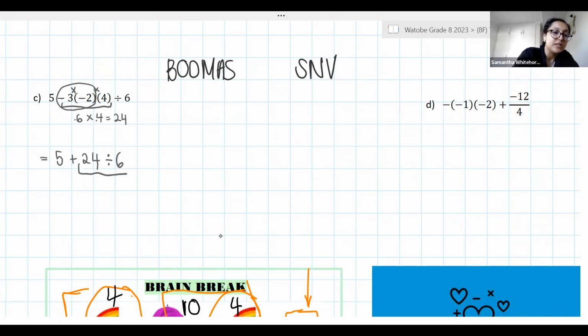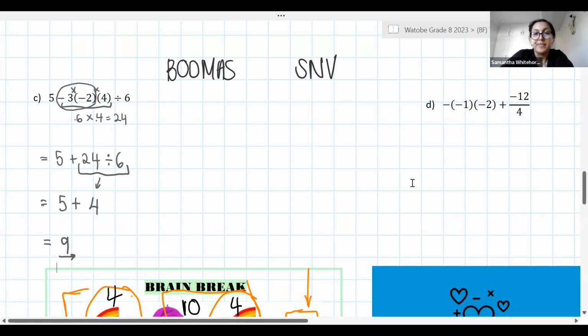Now I need to deal with this division. We need to say 24 divided by 6, which we know is 4. So we have 5 plus 4. And only then can we deal with the addition and subtraction. So 5 plus 4 is 9, and so our final answer is 9.